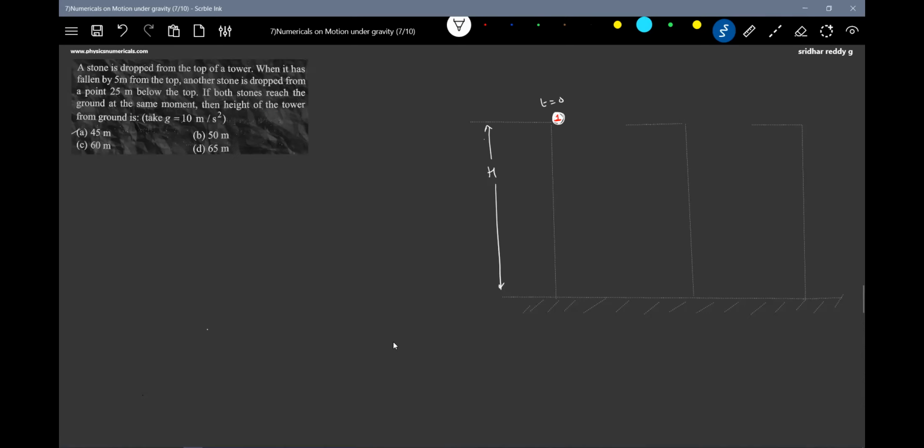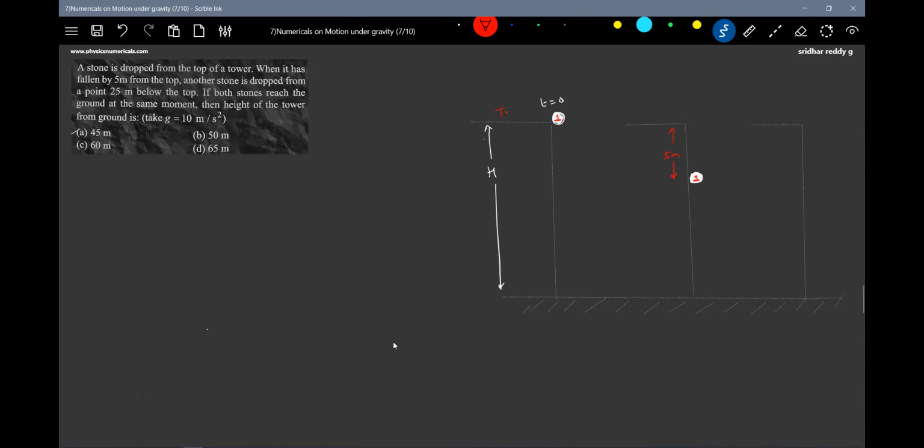When the first stone has fallen by 5 meters, another stone is dropped 25 meters below the top.